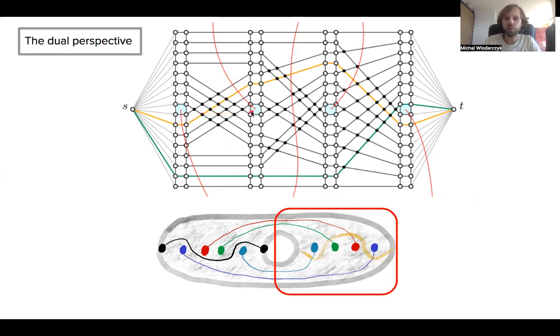These four distinguished faces correspond to these four terminal vertices. And now this curve corresponds to an S-T path in the dual of the prescribed homotopy.